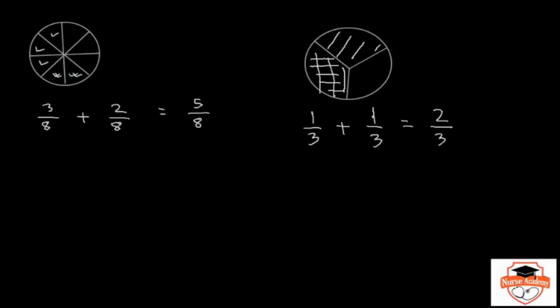This isn't 1 plus 1 over 3 plus 3, it's 1 plus 1 over 3. So the denominator stays the same. You only add the numerators. This is how you add fractions on the same denominator.